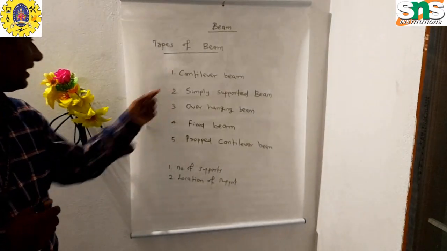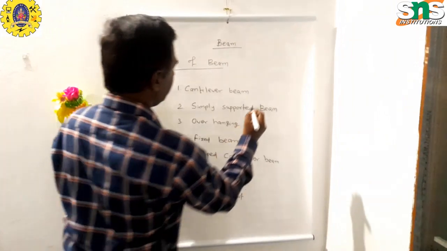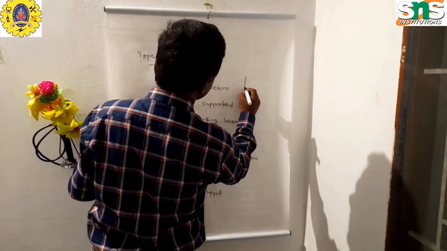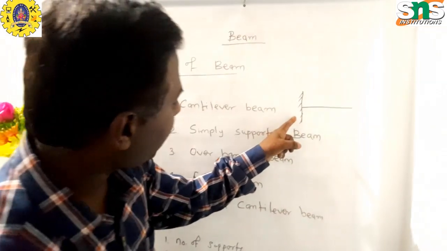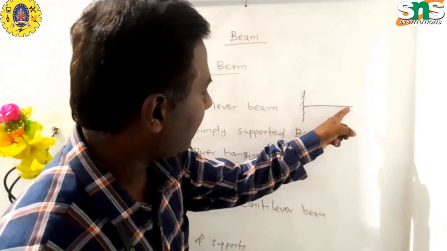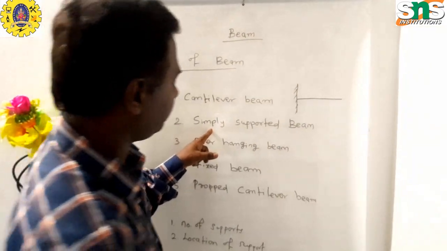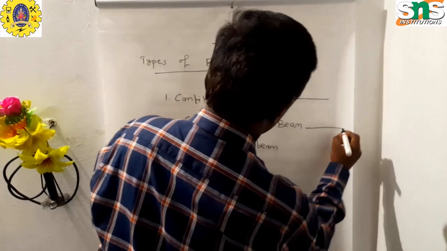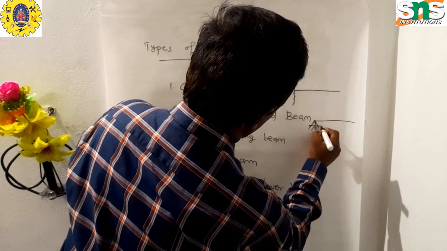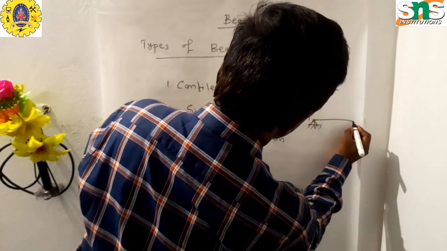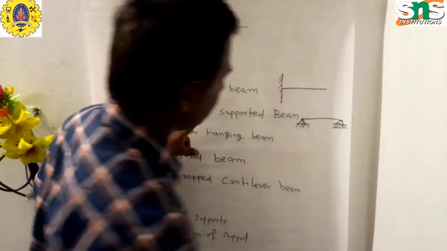Okay, let's discuss here. A cantilever beam is nothing but a beam having one end fixed and the other end free. Okay, and in a simply supported beam, one end of the beam is a hinge support and the other end is a roller support.